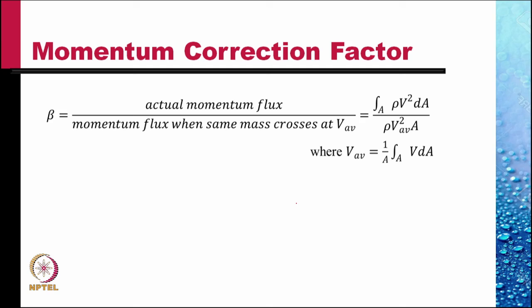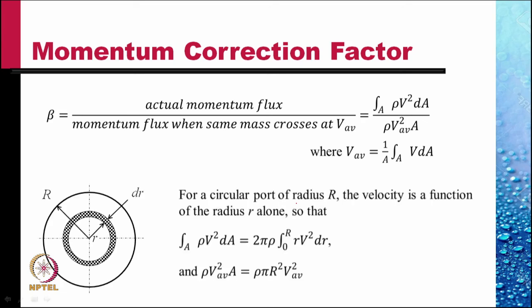So this correction factor can be evaluated by evaluating the integrals. For a circular pipe of radius capital R, the velocity is a function of the radius r alone.